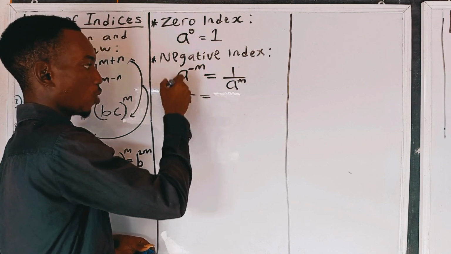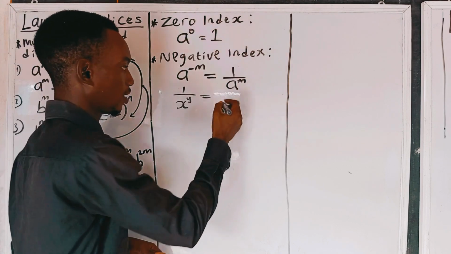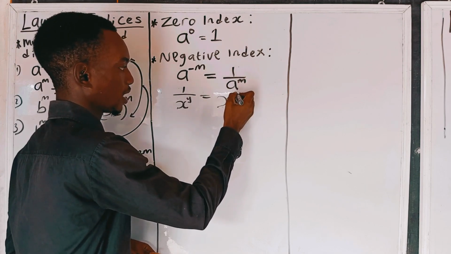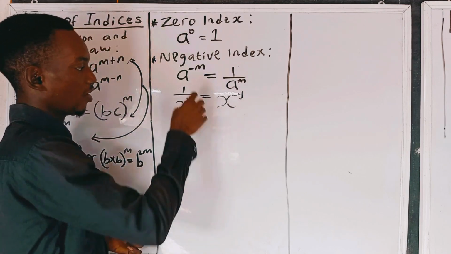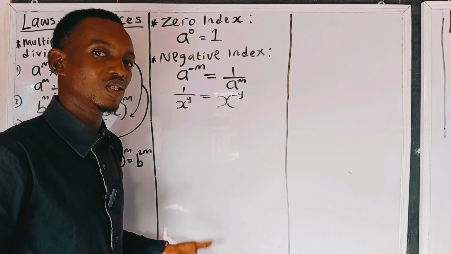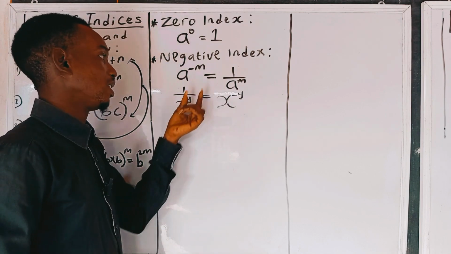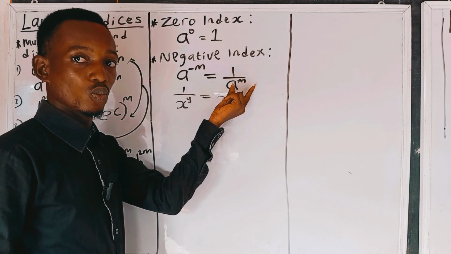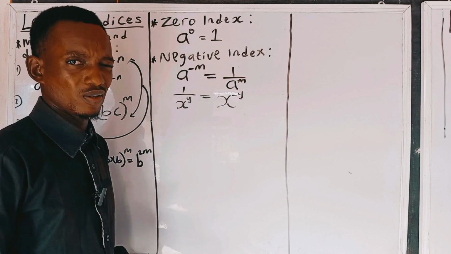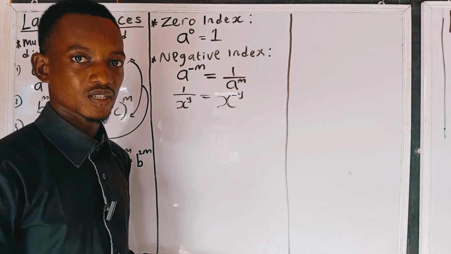So this 1 over as a fraction will be eliminated, and we have something linear like this, x to the power of negative y. So I've eradicated this fraction and changed it to minus. Are you following? It depends on the situation. In some situations it might be better in fraction form, and in some cases it might be better as a negative power. Whichever way, you can convert vice versa.